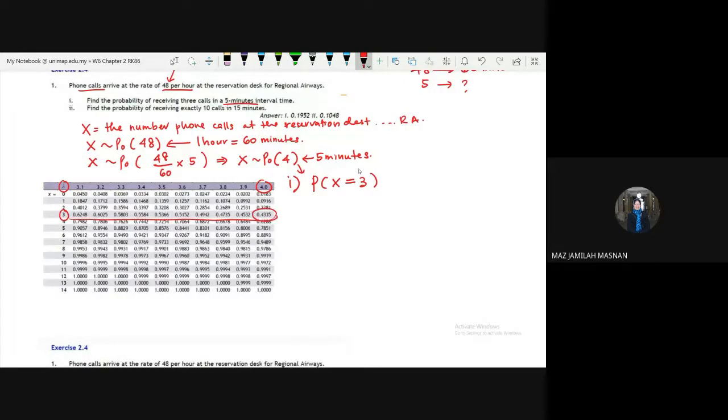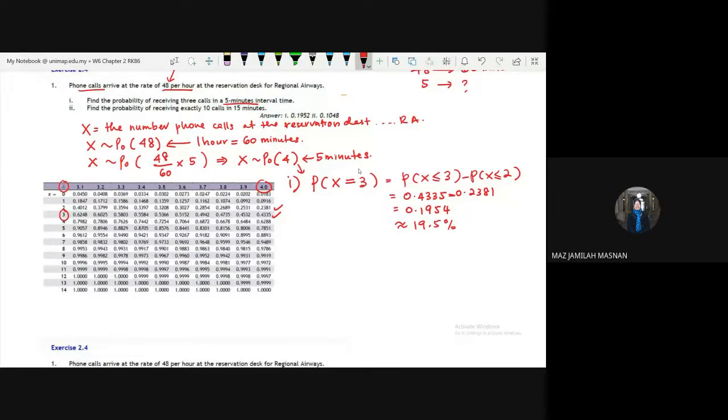So this will be P(X ≤ 3) minus P(X ≤ 2), next to the value. So this will be 0.4335 minus 0.2381. So you will get 0.1954.